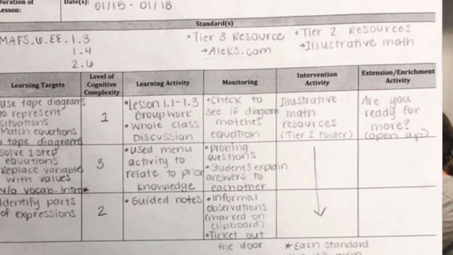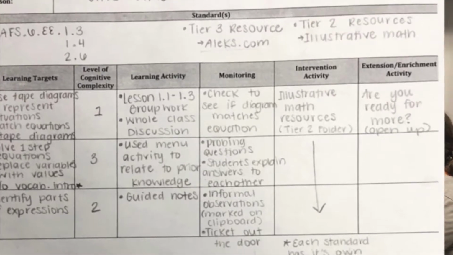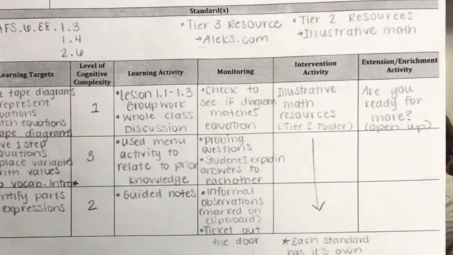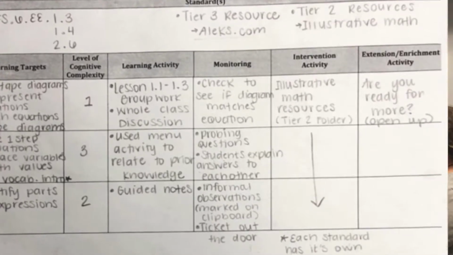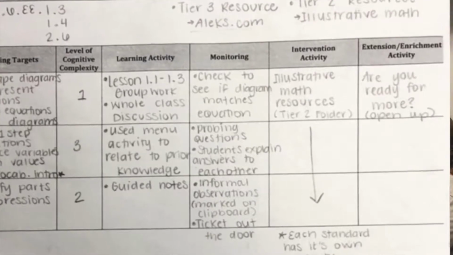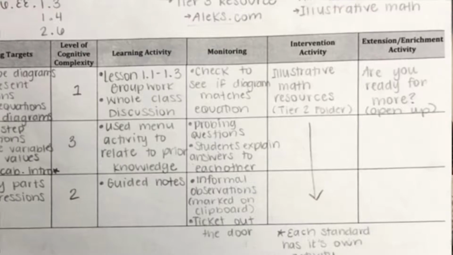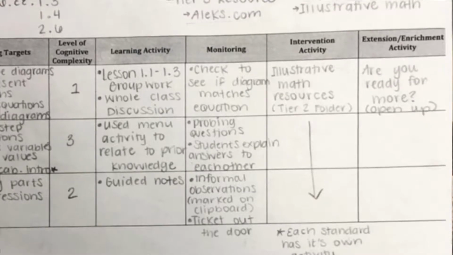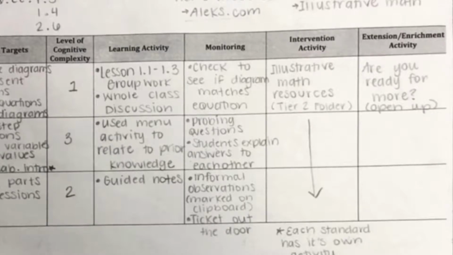We may monitor as they go by checking with a clipboard, or we have a common assessment at the end. From that common assessment, we identify the standards the students are low in, and this will enable us to break them up into intervention or extension activities.